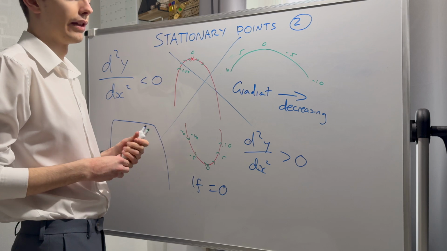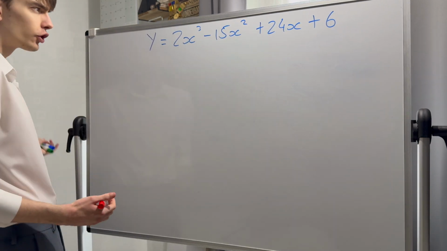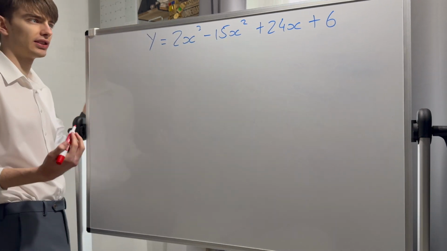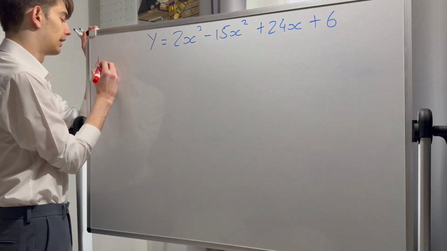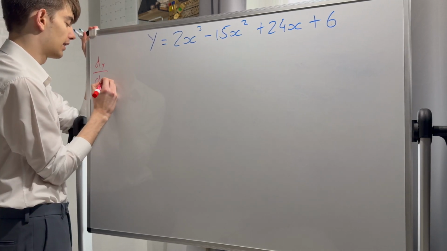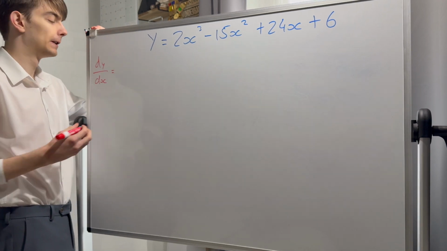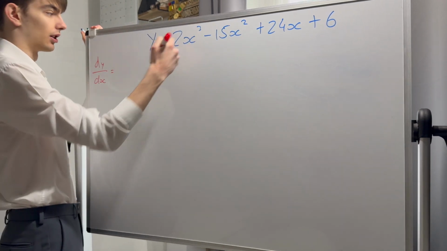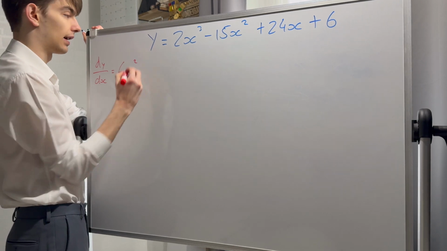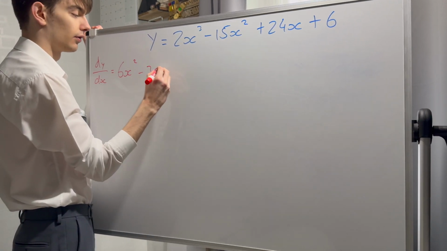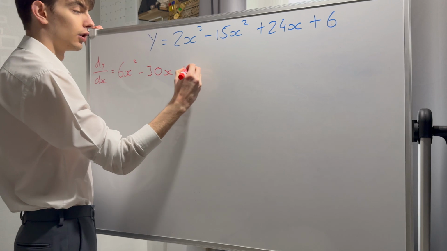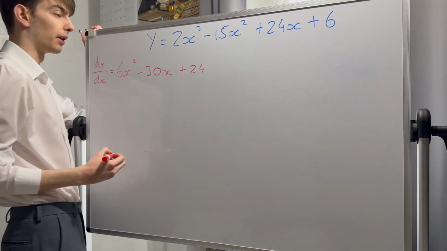And if we end up with something that equals 0 at the end, then we need to go back to the original method. So, first two things I'm going to do if I'm discussing stationary points is dy by dx, find the gradient and equate it to 0. So, dy by dx is going to be 6x squared minus 30x plus 24. That's my gradient.